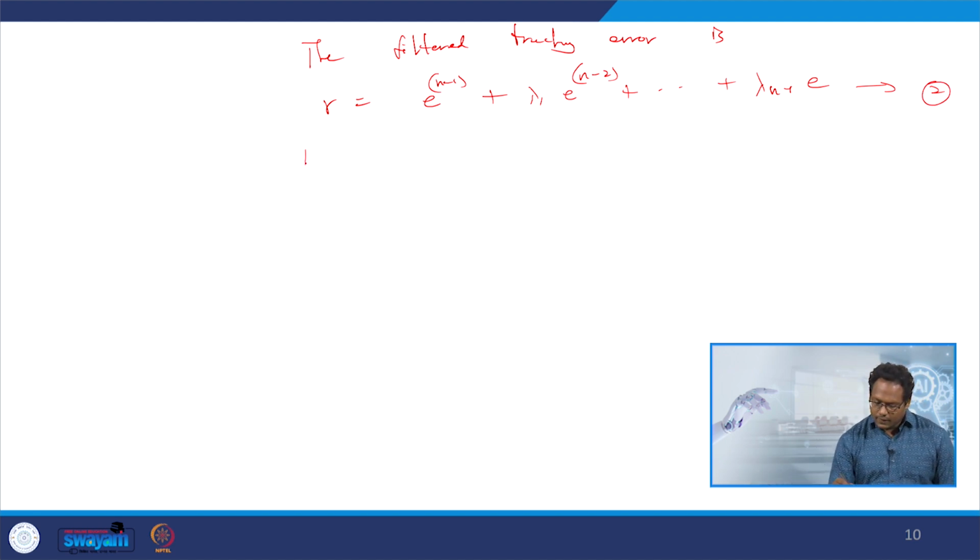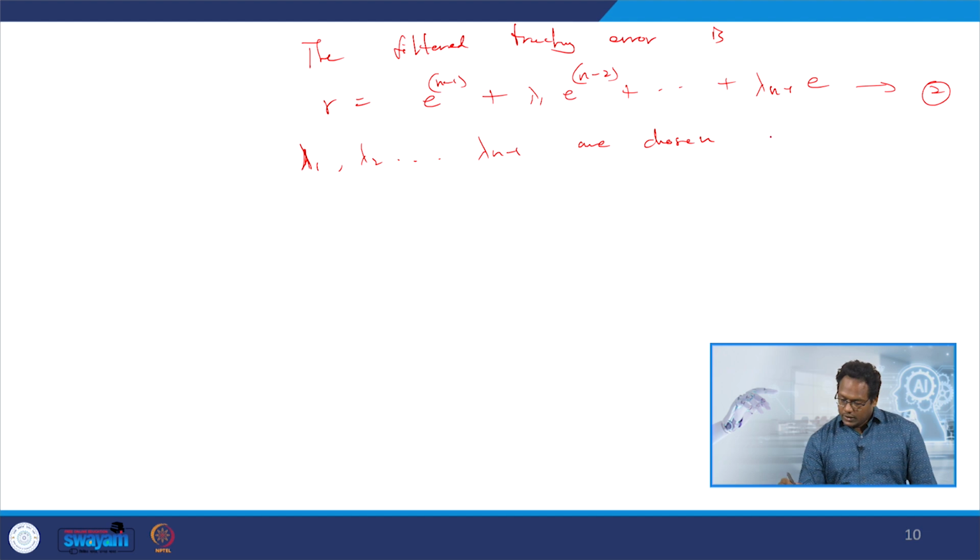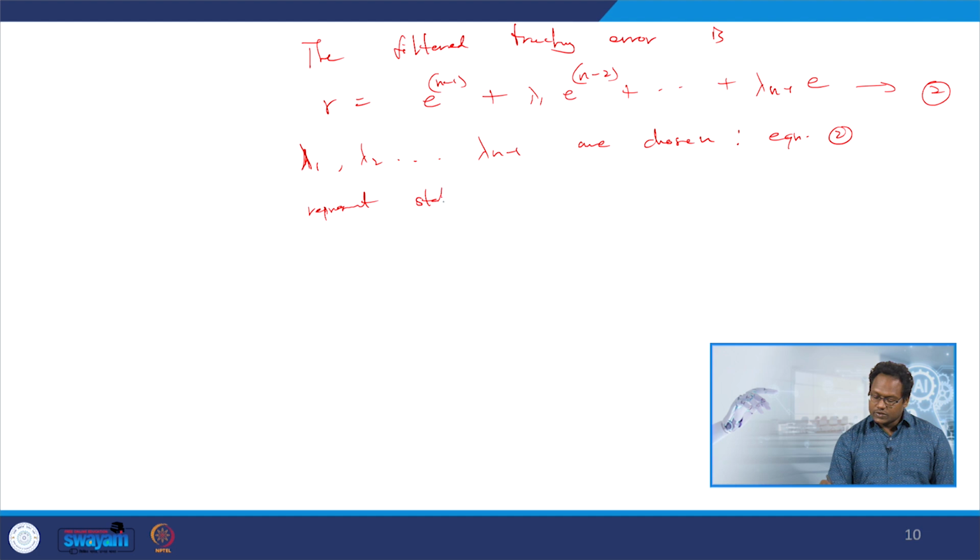Here lambda 1, lambda 2 up to lambda n minus 1 are chosen such that equation 2 represents a stable dynamics, such that equation 2 represents a stable dynamics by choosing lambda 1 to lambda n minus 1.